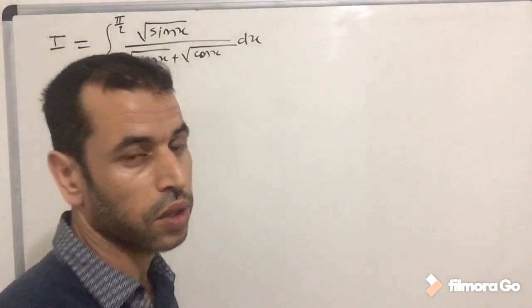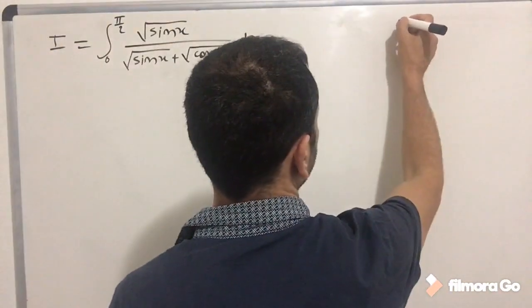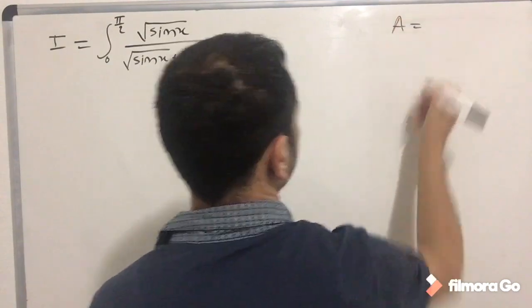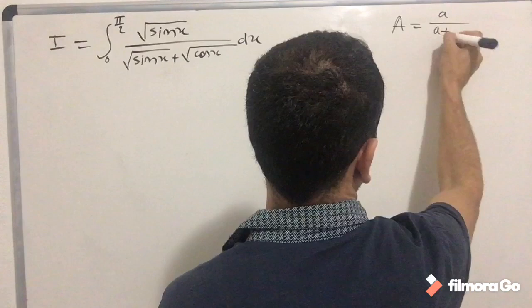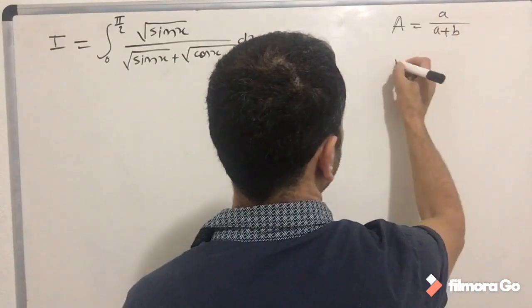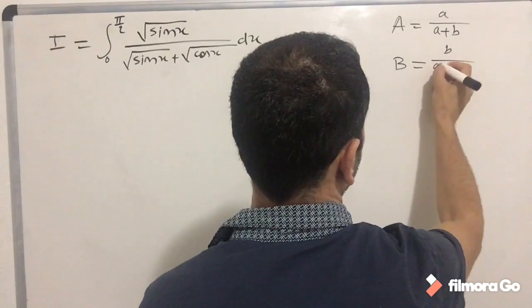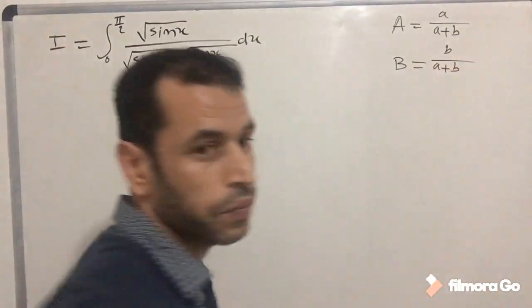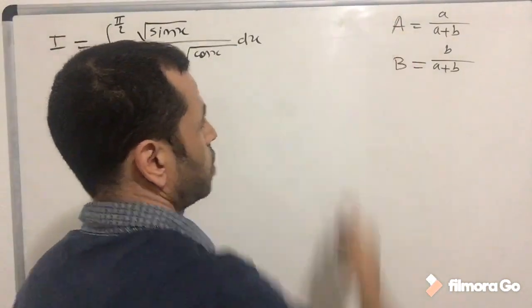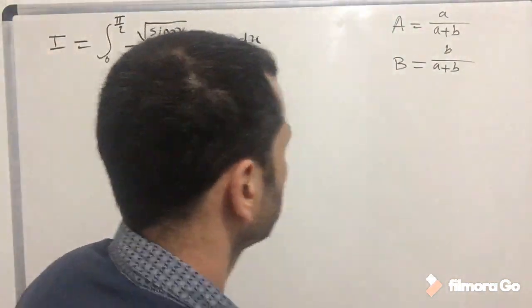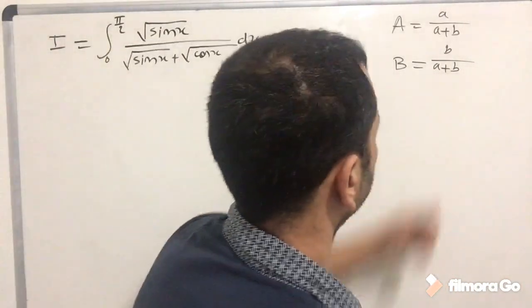Let's observe another thing here. If you put big A equal small a over a plus b, and big B equal small b over a plus b, let's add A and B. Let's see what that gives us.